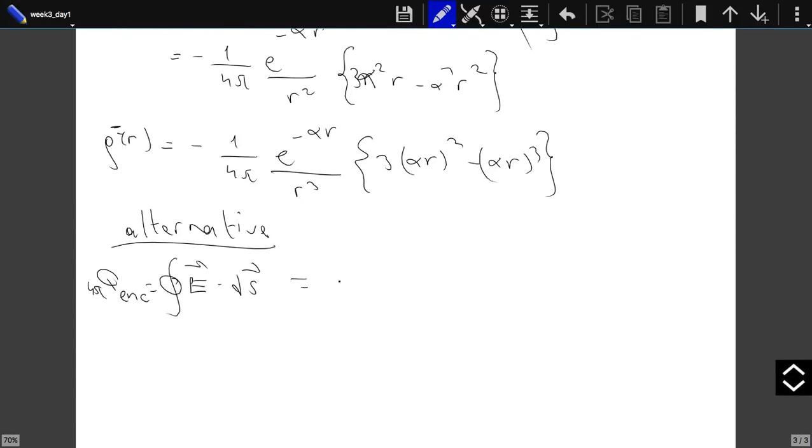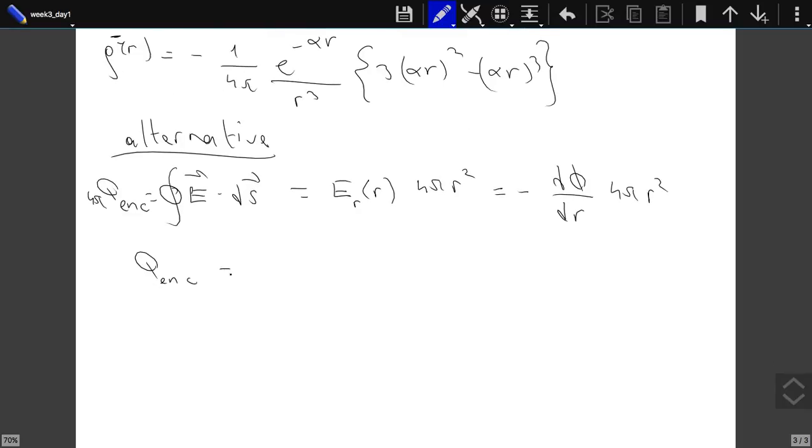So this integral will be E at the position R, which is a constant which I can take out of the integral, times, of course there's only the radial component, times 4 pi R squared. Well, E at the radial distance R is nothing but minus d phi by dr, multiplied by 4 pi R squared.